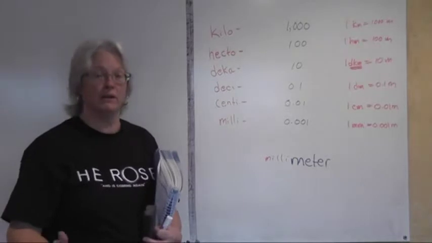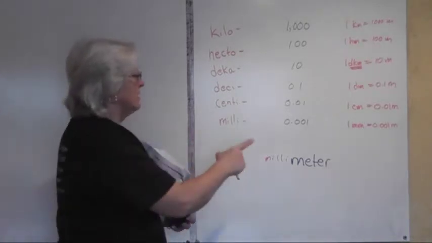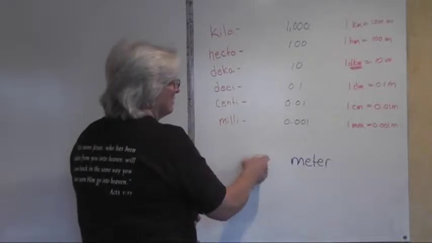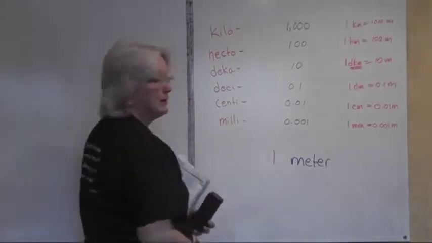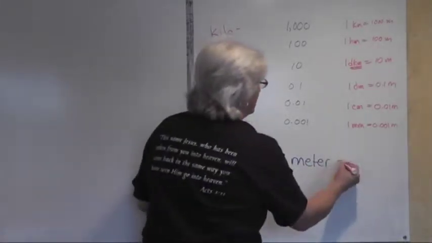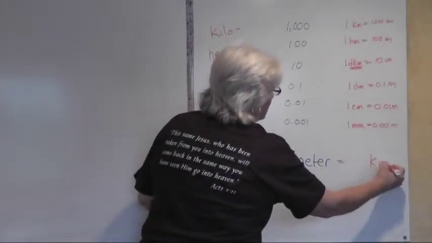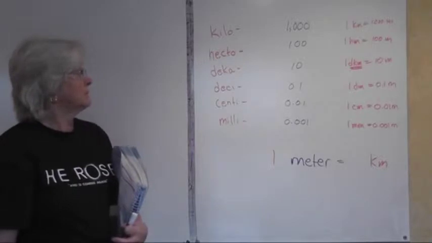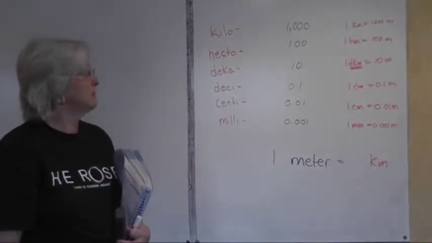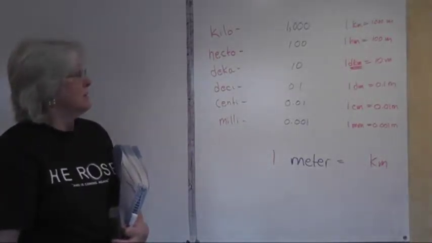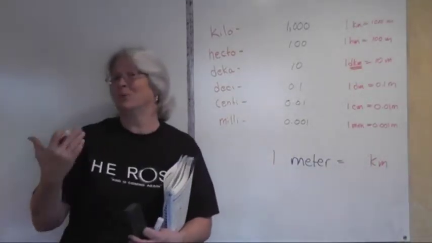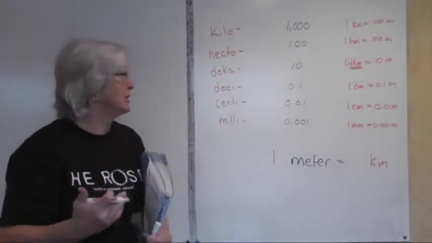And what we find is if we want to say, okay, how do I go from 1 meter to however many kilometers? Well, we're going to divide by 1,000, and I actually pulled out the wrong illustration here.